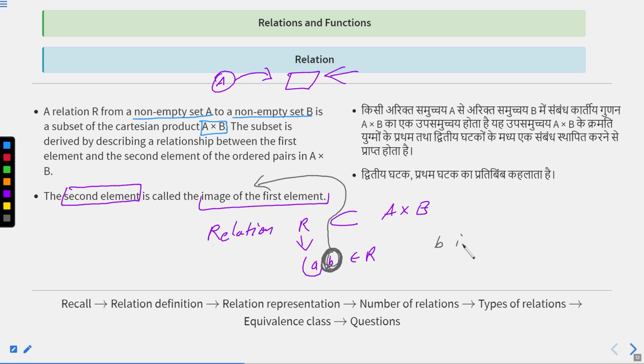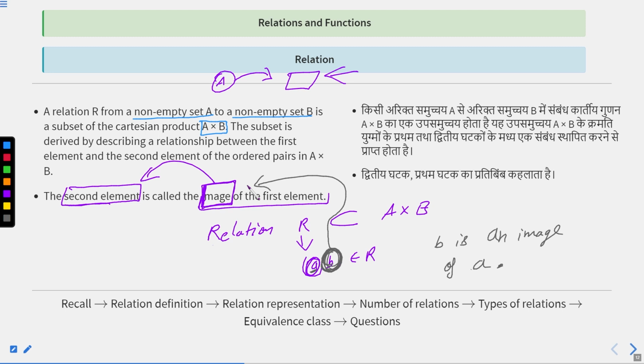This means B is an image of the first element, and the first element here is A. So B is an image of A. I hope this term is also clear to you. What do we mean by image? When we talk about image, we are also talking about the first element. Image is the second element in a pair. I hope that it is also clear to you.